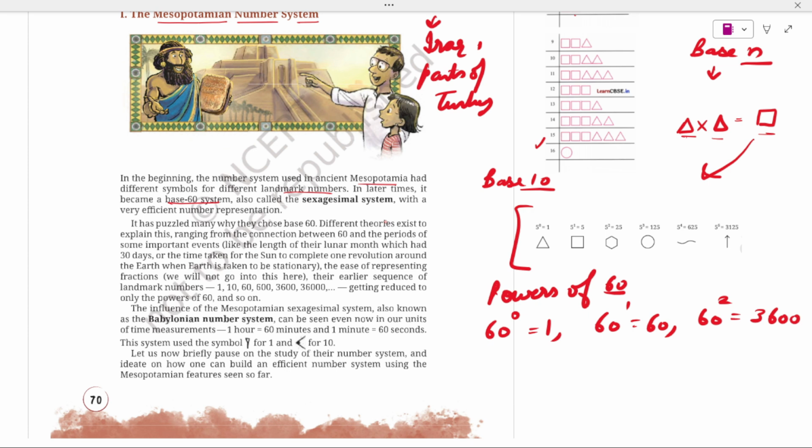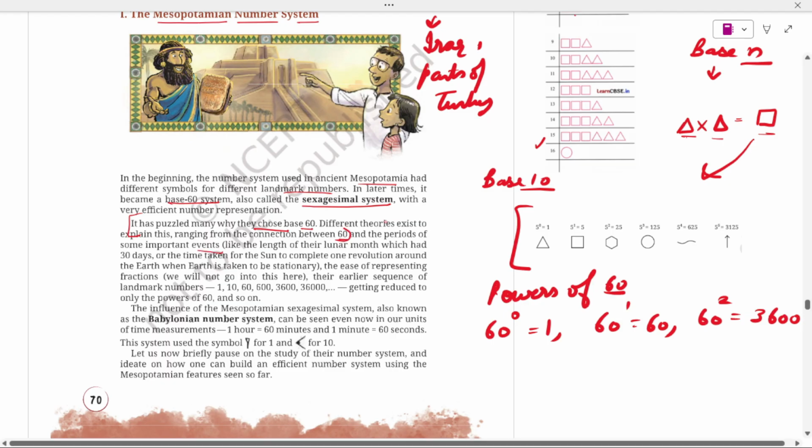They named it the sexagesimal system. It has puzzled many why they chose base 60. Different theories exist to explain this, ranging from a connection between 60 and periods of some important events.